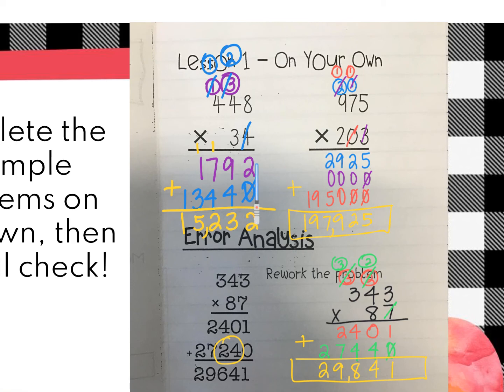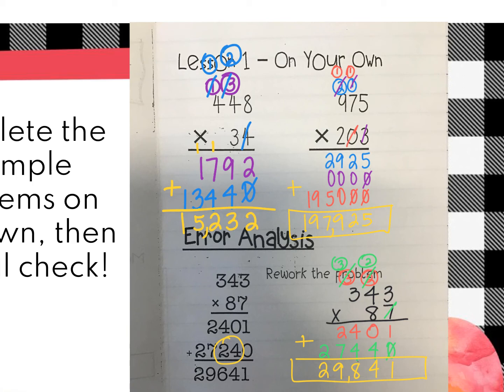For example, in this problem, my second number down here on the bottom is 2 digits, which means I have 2 partial products that I have to add together. If you're multiplying by a 3-digit number on the bottom, then you have 3 partial products that you have to add together.